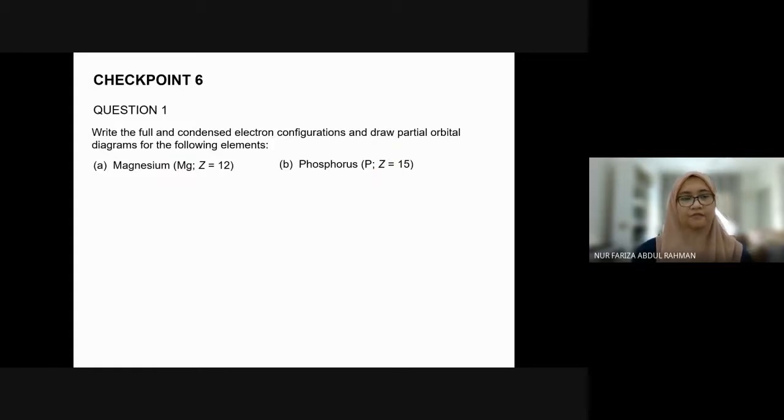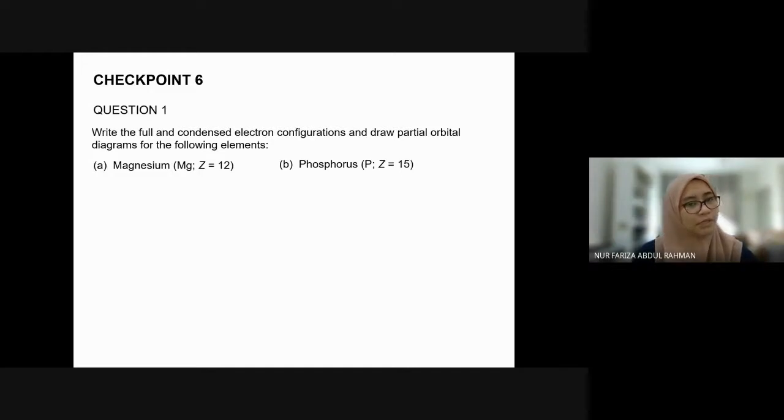Okay, write the full and condensed electron configuration and draw the partial orbital diagram for the following elements. Okay guys, I give you 2 minutes to complete this one, or have you completed this checkpoint before? Maybe during our last lecture I reminded you to complete the checkpoints. Not yet.